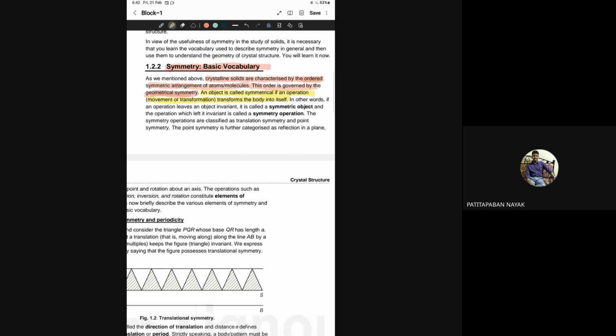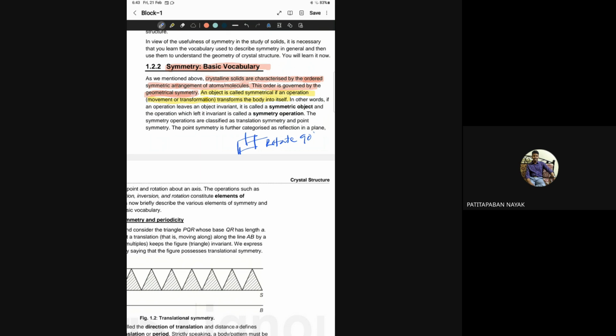But take the example of a rectangle, and rotate it by 90 degrees. The way the rectangle was earlier will be changed. Its longer axis becomes the shorter axis, and the shorter axis becomes the longer axis.